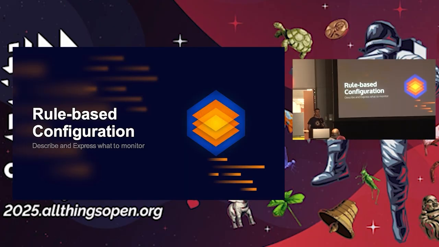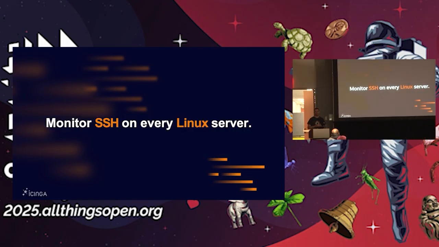The more interesting part, for me at least, is how we configure Icinga in a very dynamic way to tell it what it has to do. How does Icinga know that it has to monitor SSH connectivity on each Linux server, for example? We use a concept where we let the user describe their environment, and then based on those descriptions, express their monitoring rules. So it's a rule-based configuration.